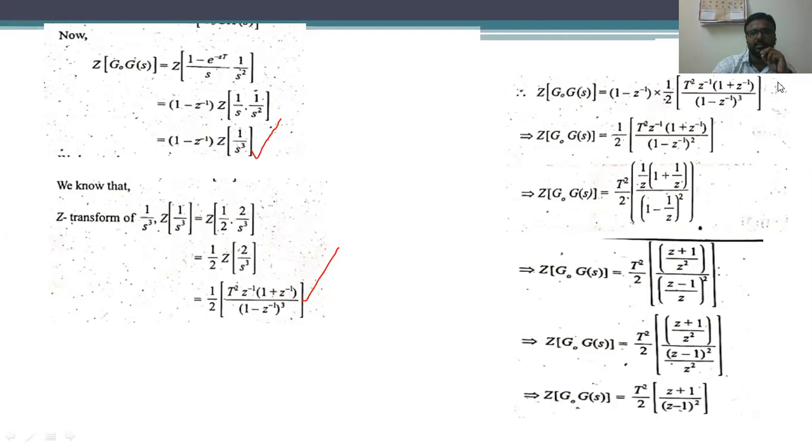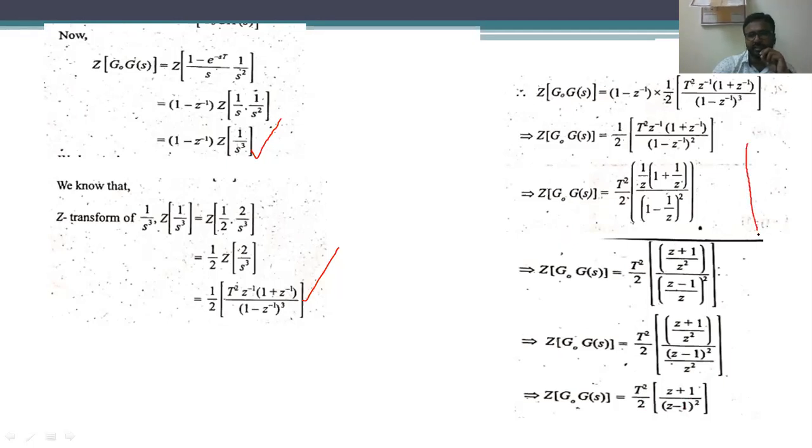Okay. So just substituting the value of z transform in this one, we are going to get the z transform of g naught into g of s as t square divided by 2 into z plus 1 divided by z minus 1 whole square.